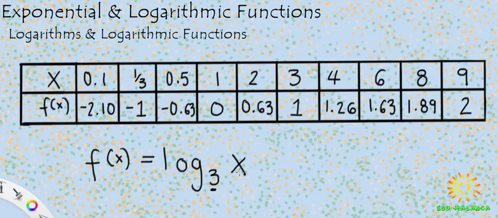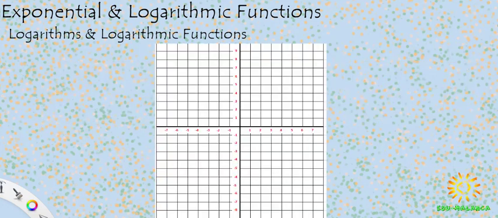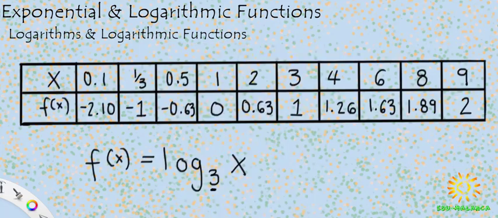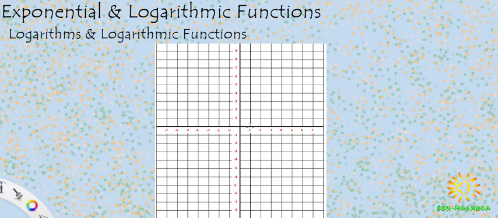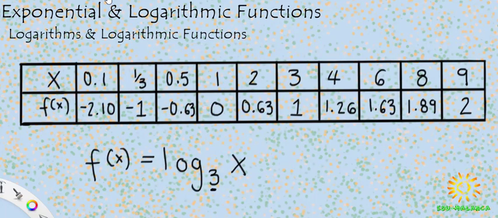Now I'm going to draw this function on this Cartesian axis. So let's get going. We'll start with the x-intercept, and that is the value 1, 0. So when x is 1, y is equal to 0, and that is a point on our function. We're going to move to the decimal points. When x is 0.5, y is minus 0.63.